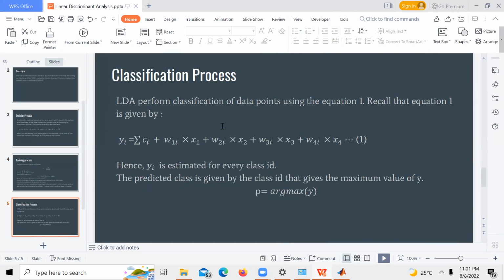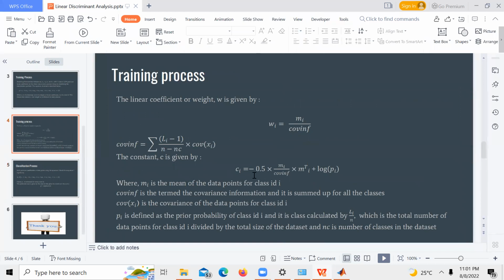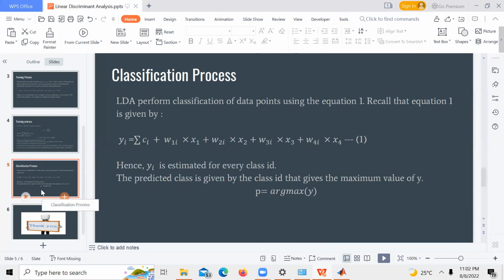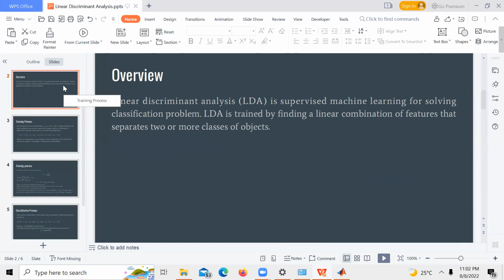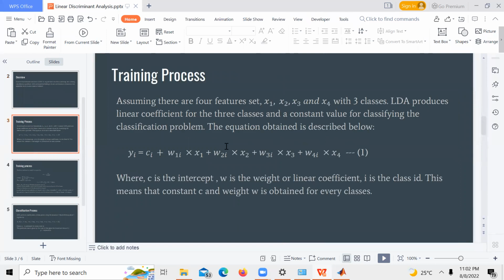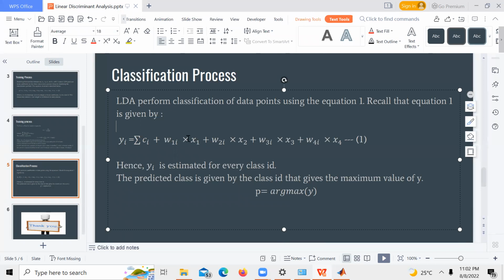Then in the classification process, what do we do? We have gotten the W and the C, and we want to use them for predictions, for classifications. You can recall that this is the equation, the same equation we're using for the classification process.